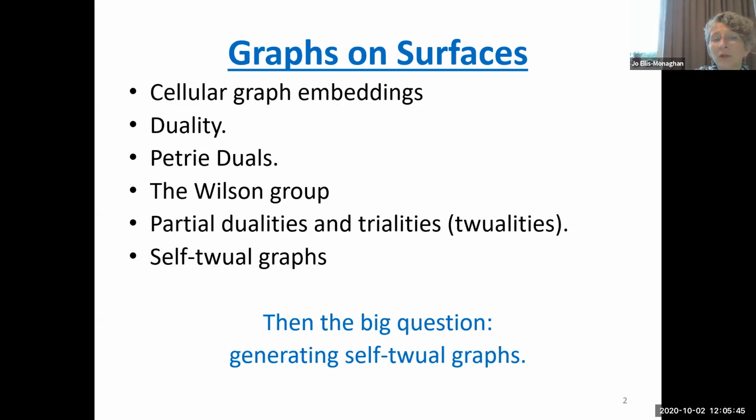We're also going to be looking at partial dualities and trialities, which in aggregate, for lack of a better term, not for want of trying to come up with a better term, we've been calling dualities, and self-dual graphs. The big question is effectively generating self-dual graphs, being able to generate graphs with desired kinds of duality or Petrie duality or triality. So that's what we're after.